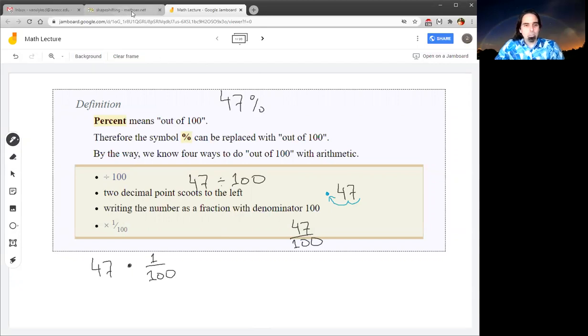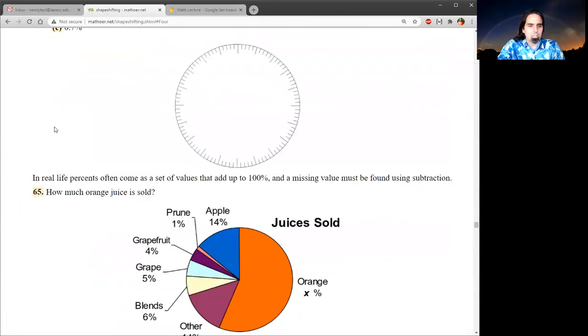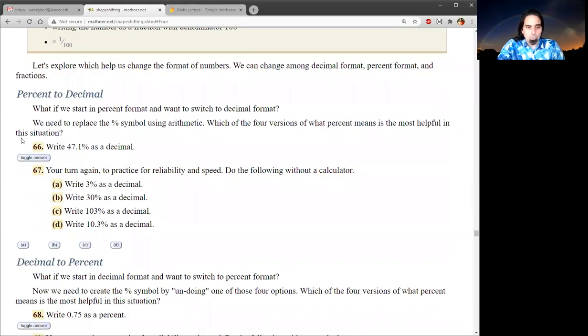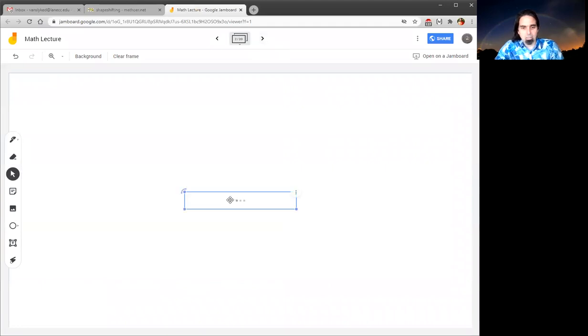So in particular, we want to change between decimals and percents. If I want to write a percent as a decimal, then which of these four things is the easiest one to do?